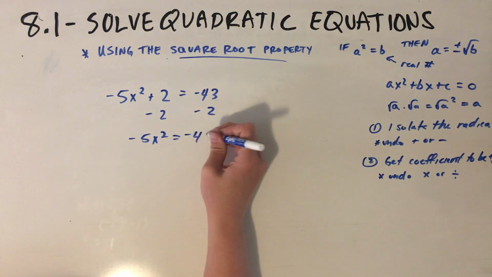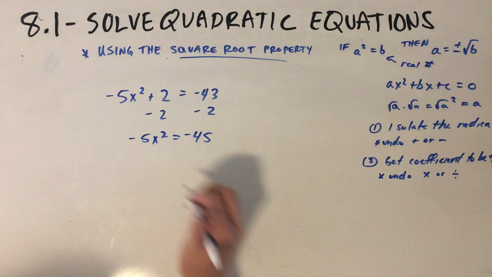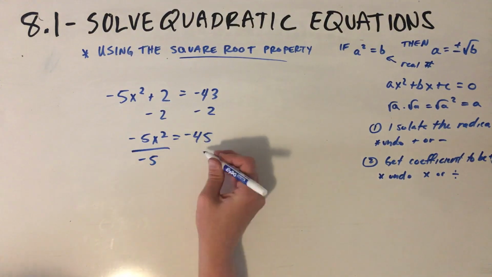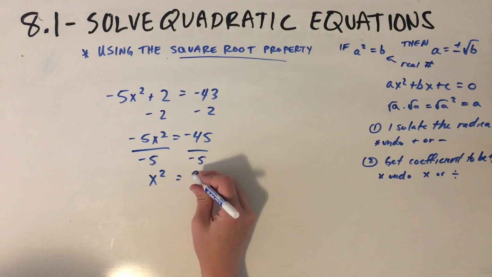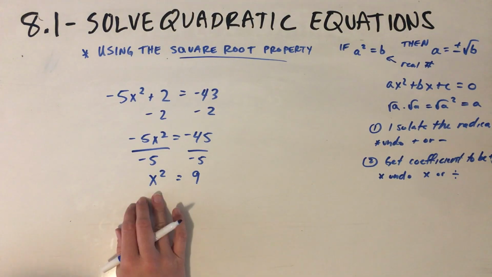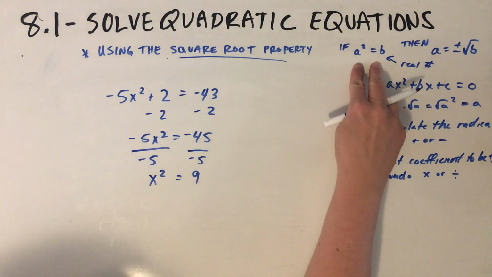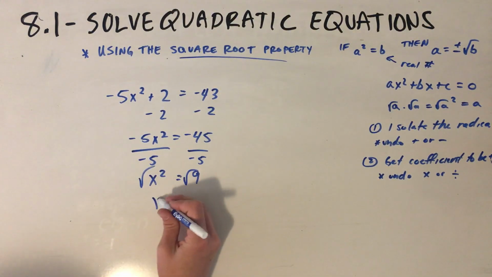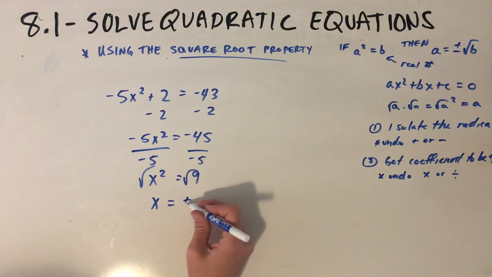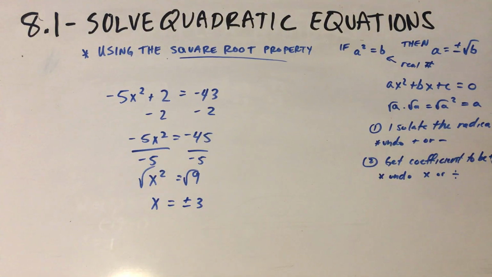And I'm going to get the coefficient to be 1 by dividing both sides by negative 5. So you'll notice that now that I have it in this format right here, I can take the square root, and I'll get that x is equal to a positive and negative 3. So this is kind of the most difficult you could see with just an x squared term.